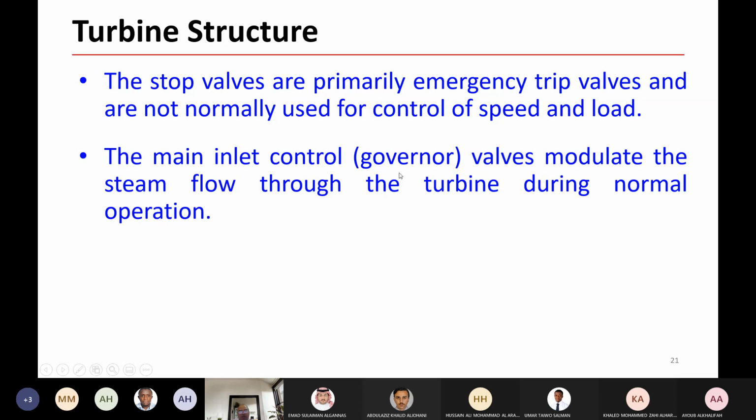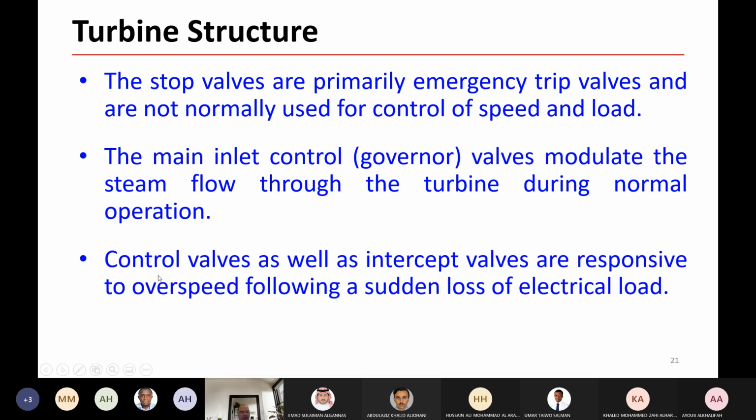So the main inlet control governor valves modulate the steam flow through the turbine during normal operation. Control valves as well as intercept valves are responsive to overspeed following a sudden loss of electrical load. If you have sudden loss of electrical load, according to the swing equation, Pm minus Pe equals the inertia term with delta double dot, or omega dot, let us say.